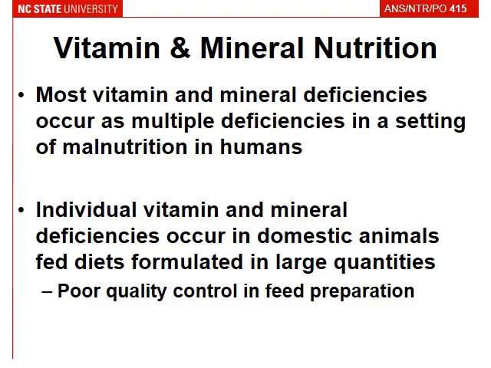If we do happen to get individual vitamin or mineral deficiencies, it is more likely to happen in domestic animals as opposed to humans, and usually this is due to an error within our feed formulation.